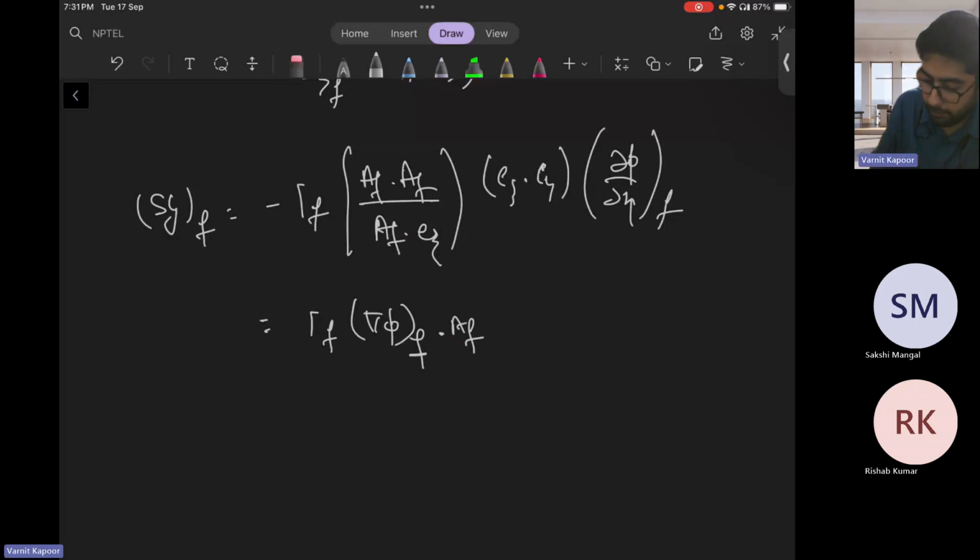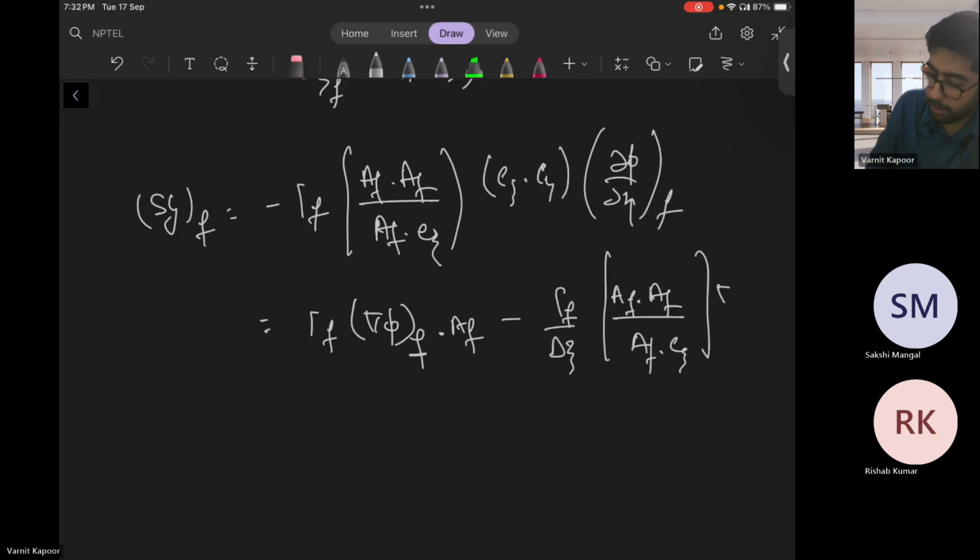F dot AF minus this is a total value, and gamma F zeta AF dot AF dot E zeta, gradient of F dot E zeta del zeta. Okay, so this was your total gradient, total value.